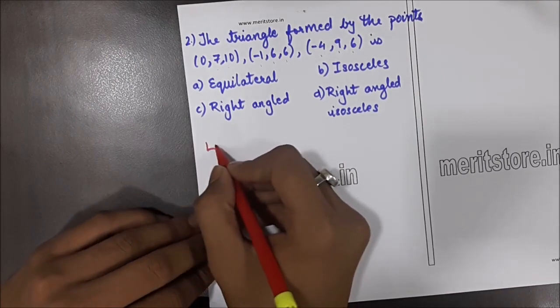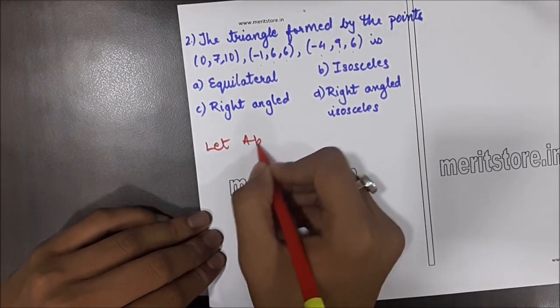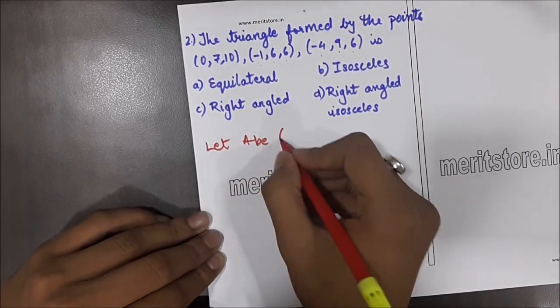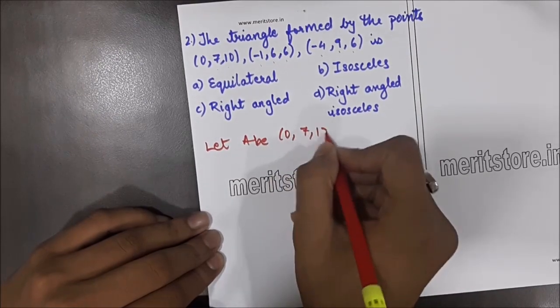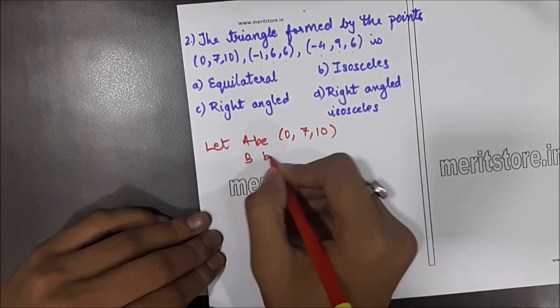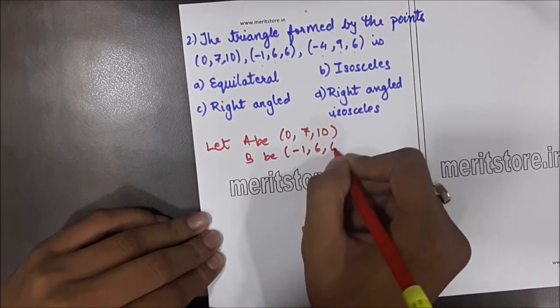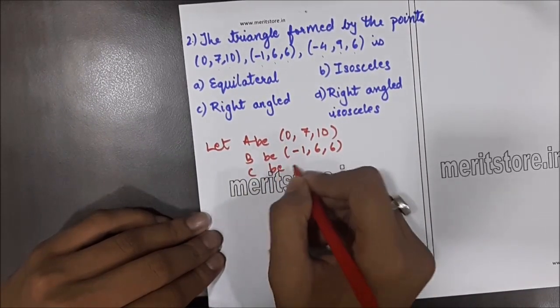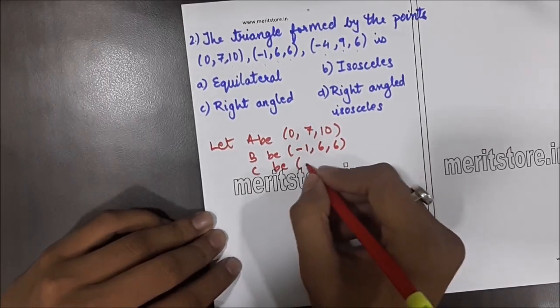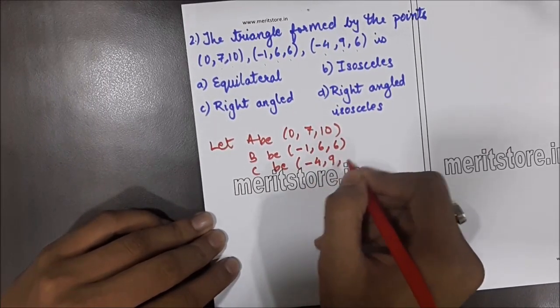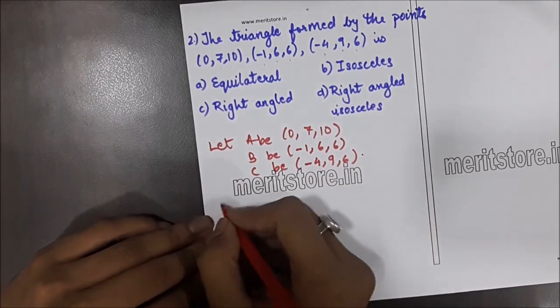Okay, let A be the point (0, 7, 10), B be (-1, 6, 6) and C be (-4, 9, 6).